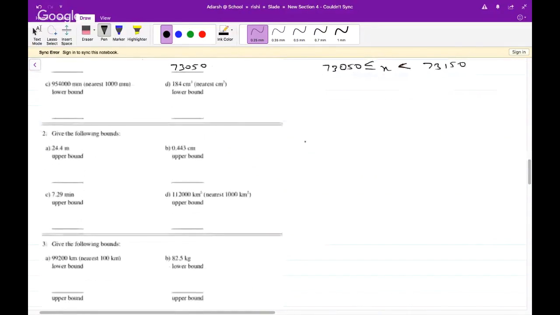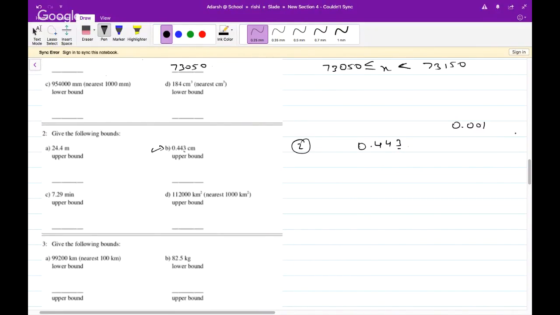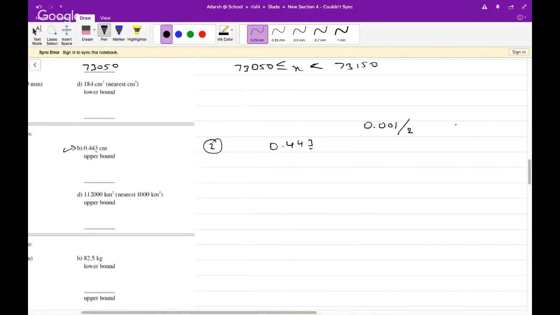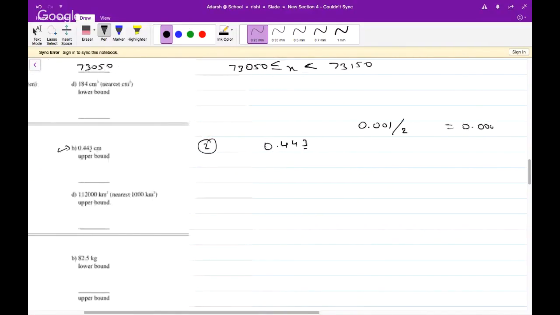Next, one more example I'll do from here. Give the following bounds. You have 0.443. Now in this question, you have to assume that the last digit is the rounded off figure. So 0.001 is the rounded off figure. Divide by 2, you get 0.0005.